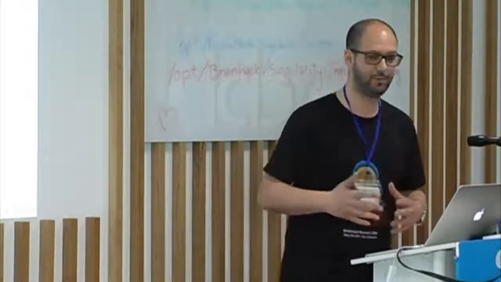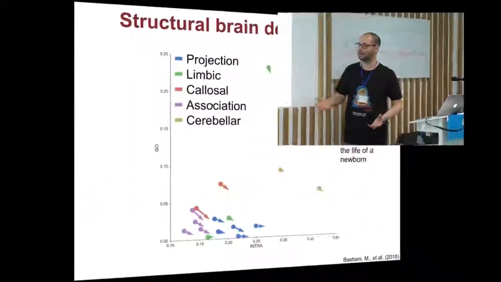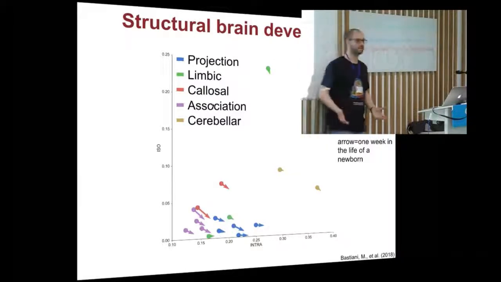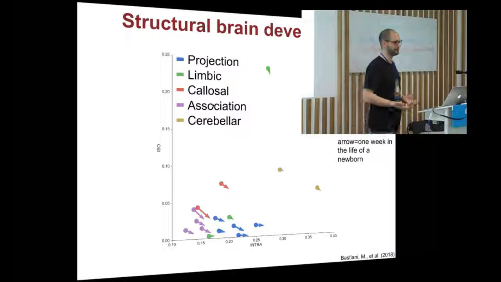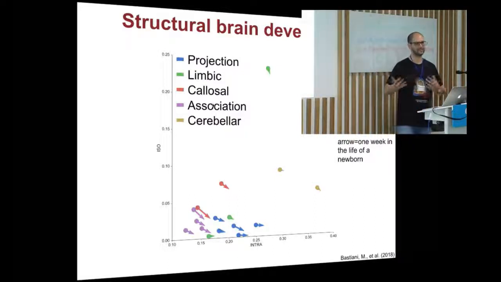And if you were to plot these tract-specific microstructural averages against two microstructure measures, without any prior information about which tract category every single tract belongs to, so whether it's a projection tract, limbic tract, callosal tract, and so on and so forth, you see that in terms of development, they do form some nice clusters in terms of their microstructural features, pointing towards the fact that development happens at different time points.